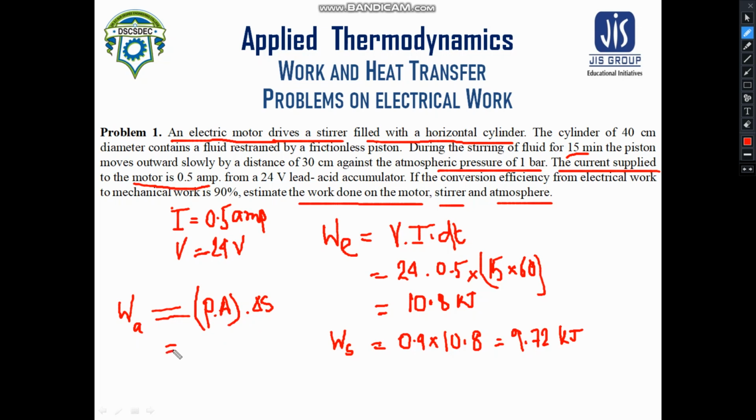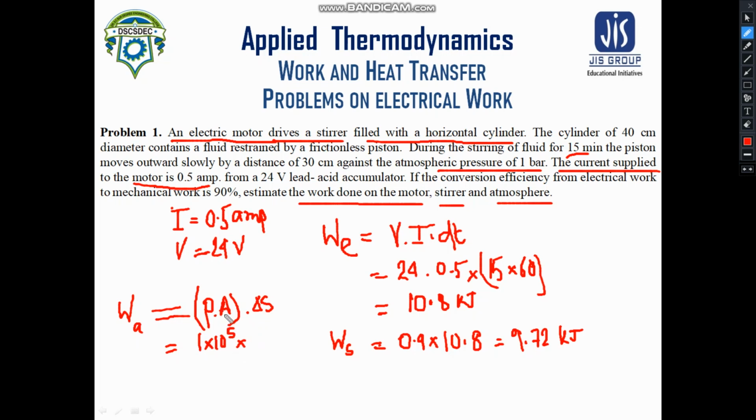So what is the force? What is the pressure? It is 1 bar. Then it will be 1 into 10 to the power 5. So we are trying to refer this pressure in kilopascals, so that ultimately we can calculate the work in kilojoules.